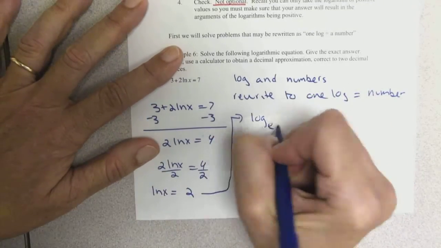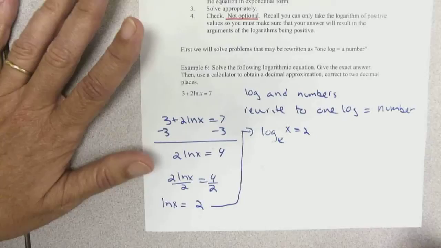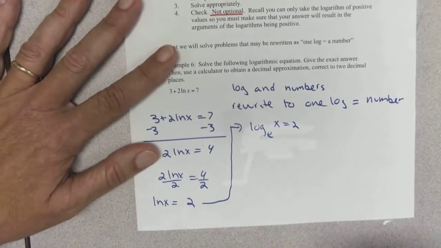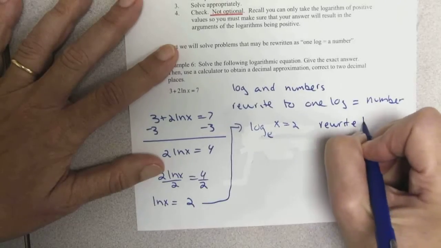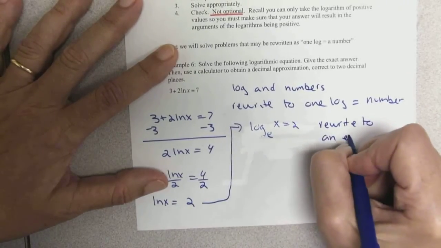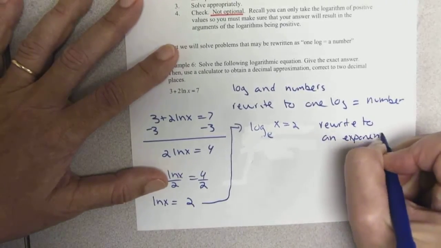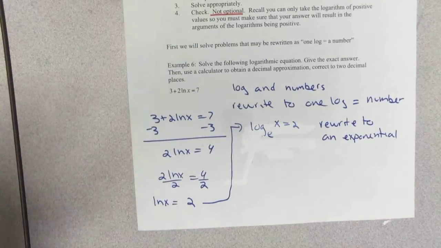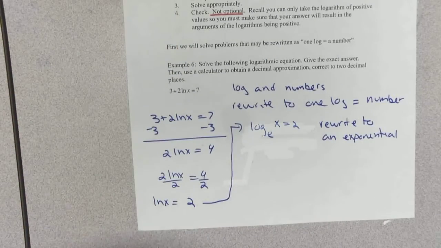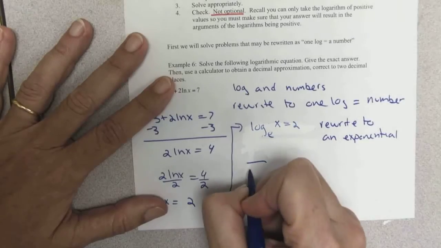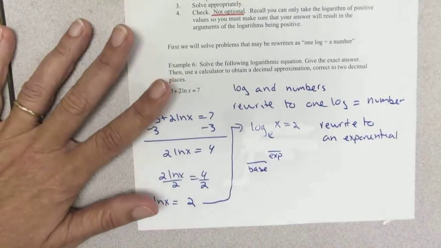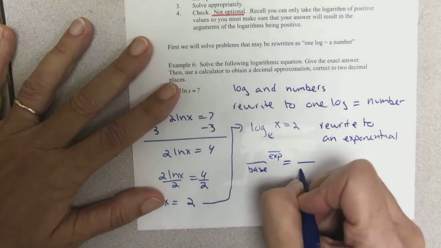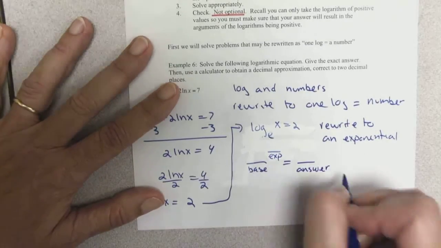And so that's log base e of x equals 2. Then my next step, I rewrite to an exponential. So that was that fill in the blank thing we did, where we had a base raised to an exponent, exp stands for exponent, equals some sort of answer.